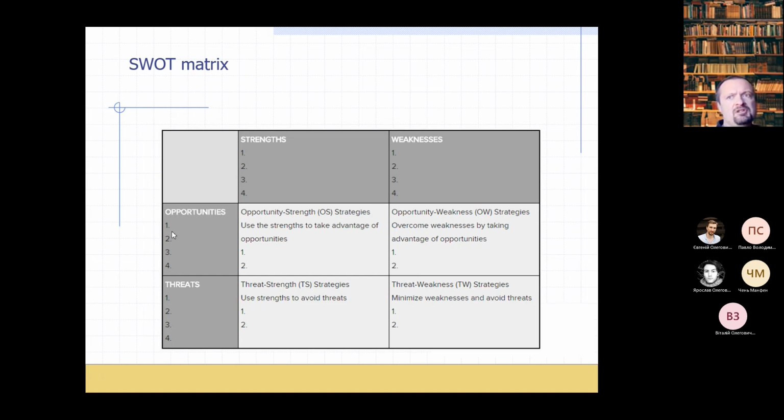Weaknesses and opportunities. How to decrease our weaknesses through the opportunities. For example, our company has a problem with qualified staff, and the opportunity is that nowadays a lot of qualified people lost their jobs. And if speaking about men, it's not possible for them to leave Ukraine.